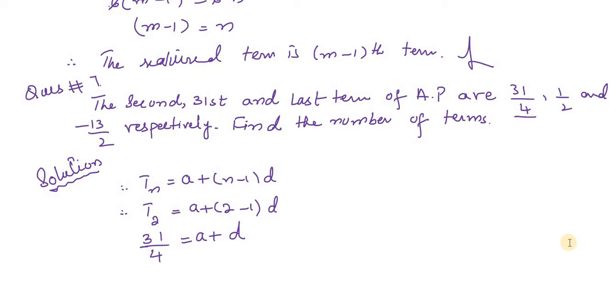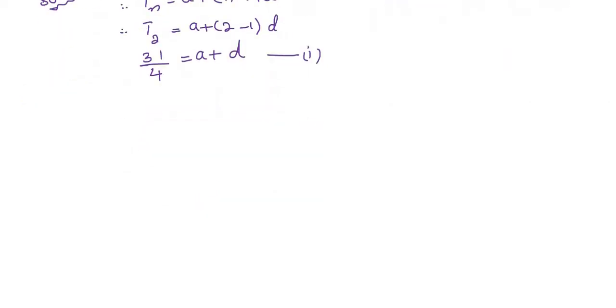And the second condition is the 31st term is 1 upon 2. So after this, T31 is equals to A plus 31 minus 1 of D. The 31st term is 1 upon 2 is equal to A plus 30D.